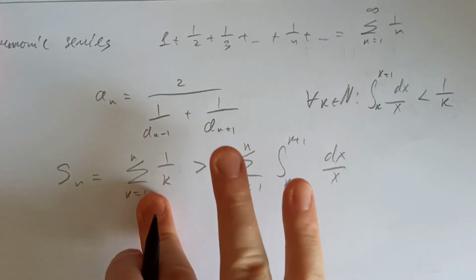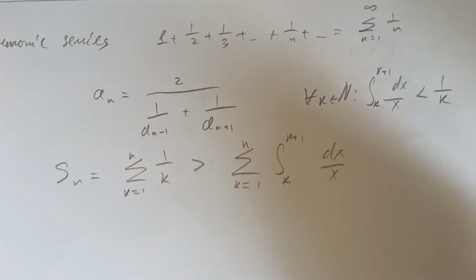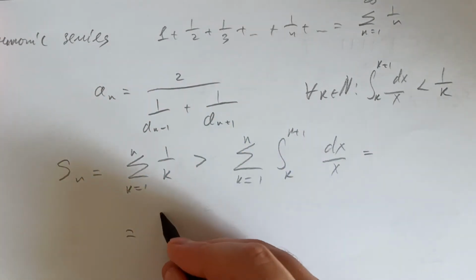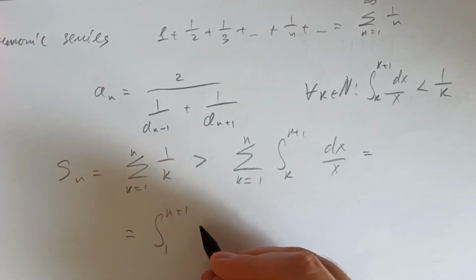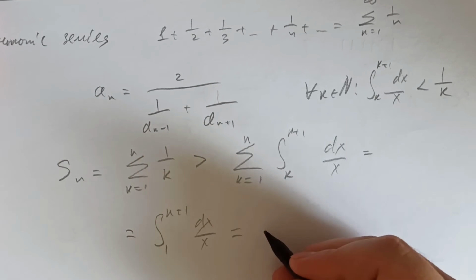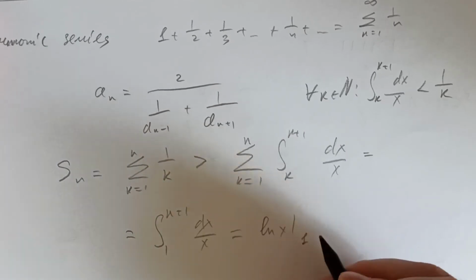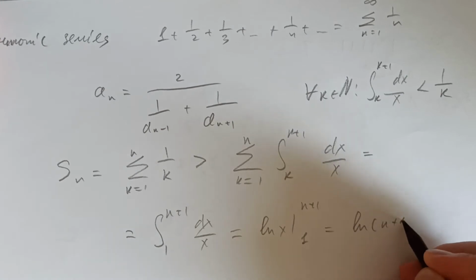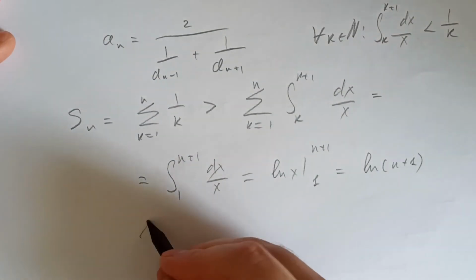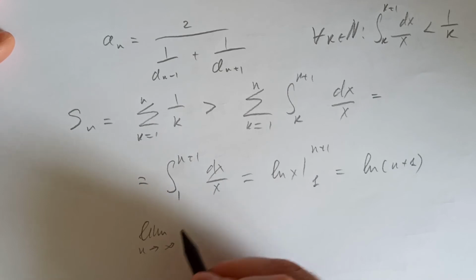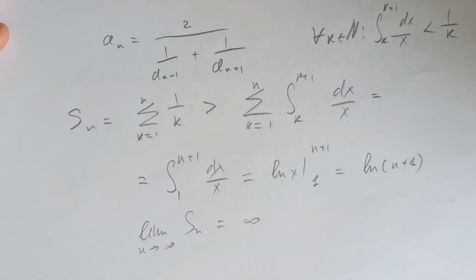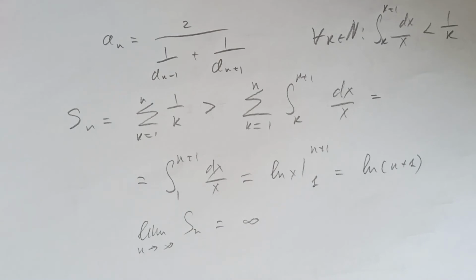So this will be bigger than that, and this sum will give us the integral from 1 to n plus 1 of dx over x, which will produce ln x from 1 to n plus 1, which will be the natural logarithm of n plus 1. So if we take the limit of Sn, this will be infinity. So the harmonic series is always non-convergent.